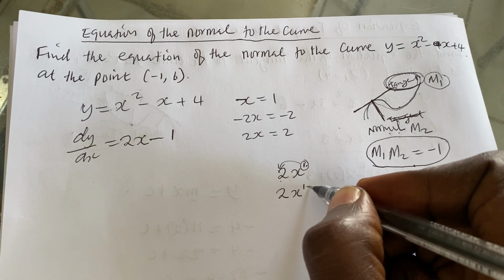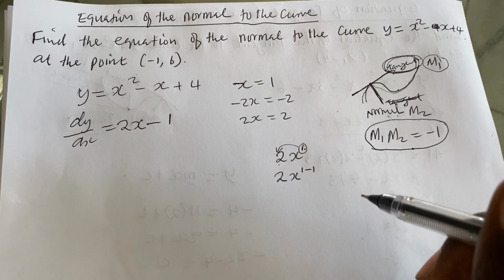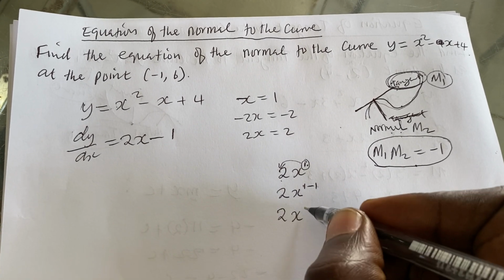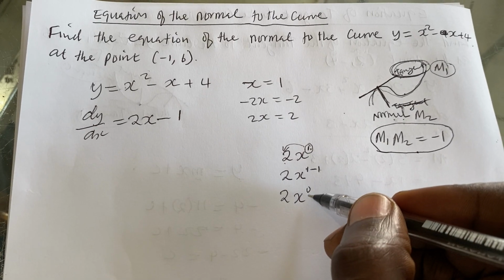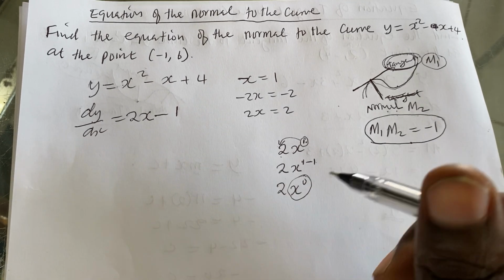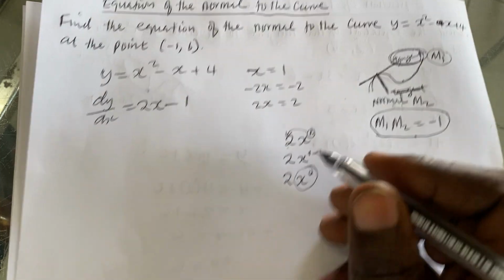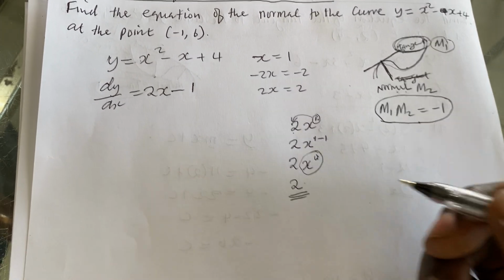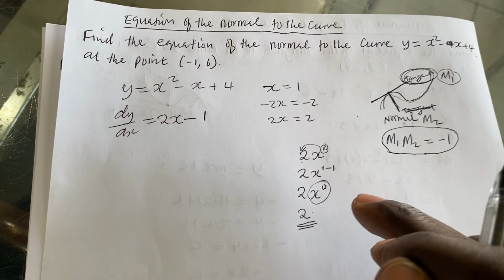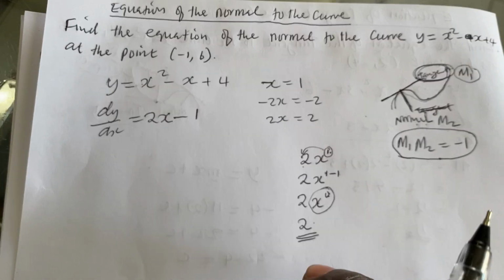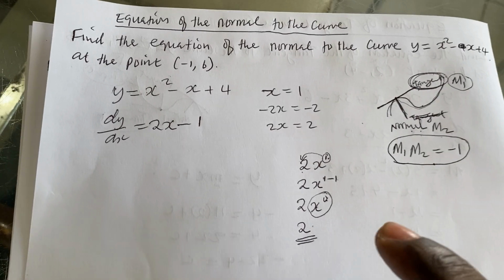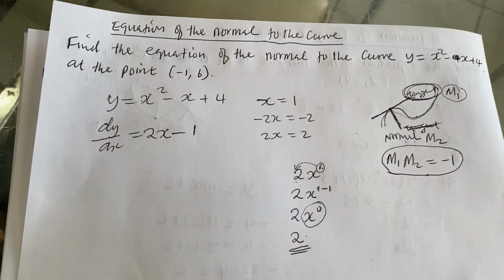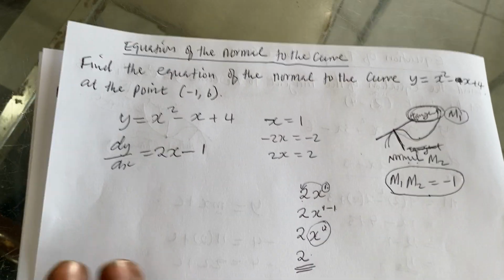Then 1 minus 1 is 0, so we have 2x to the power 0. Any number or letter to the power 0 is equal to 1, so it will be 2 times 1, which is 2. That's why the dy/dx of 2x is just 2, or the dy/dx of 3x is just 3, 4x just 4, 10x just 10.